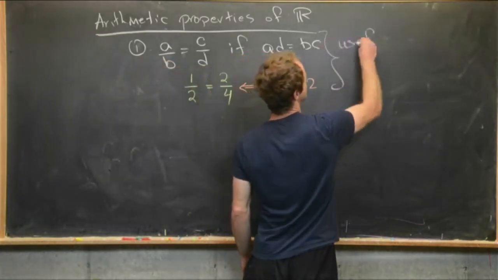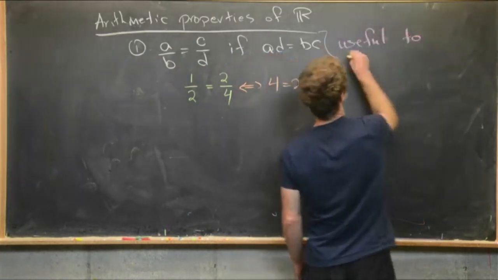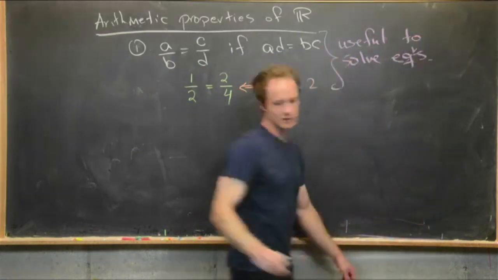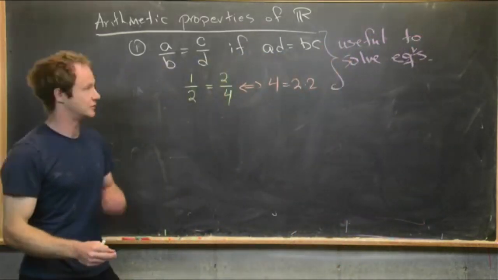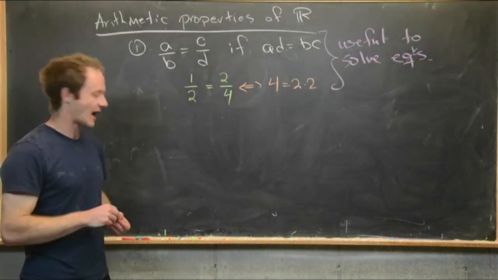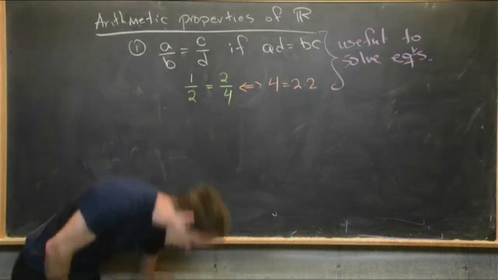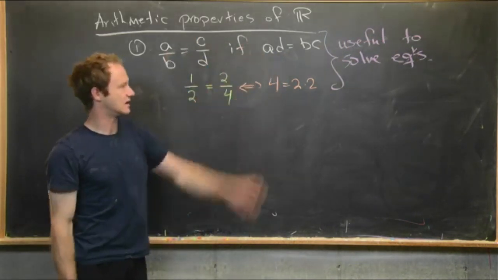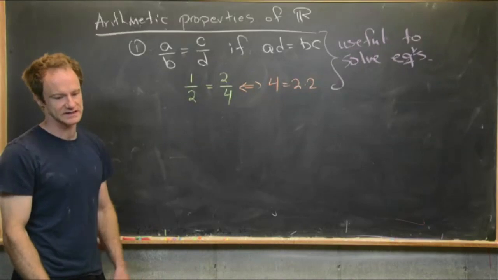So maybe useful to solve equations, which we'll be getting to super quickly, because often you'd want to solve equations that have fractions, but it's harder in the fraction form than it is in the equivalent form that doesn't involve fractions.